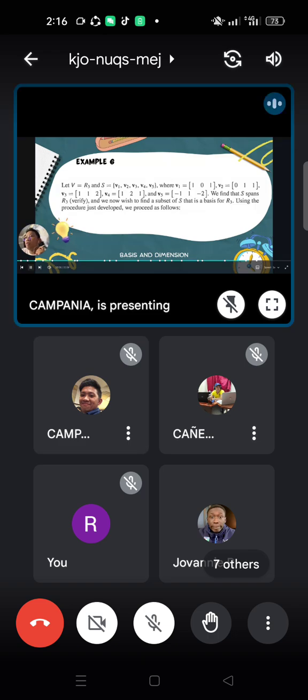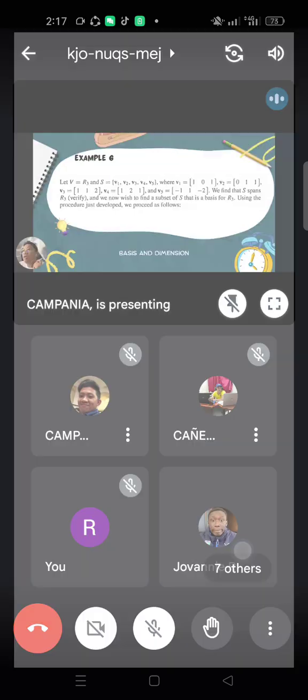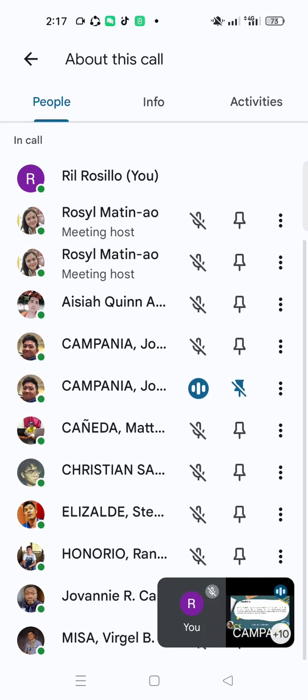V1 to V5, where V1 is 1, 0, 1, then V2, and the procedure from the algorithm.